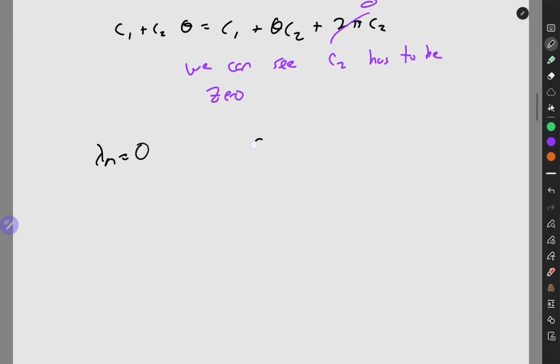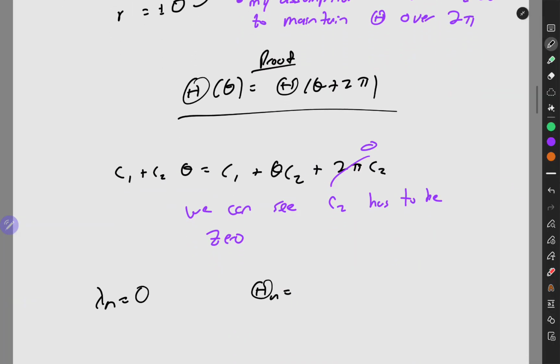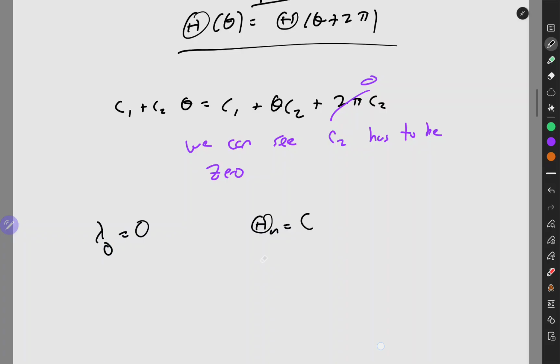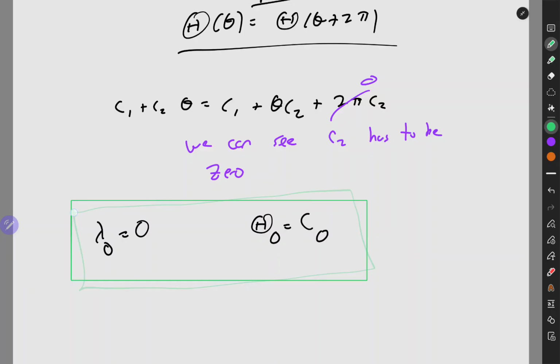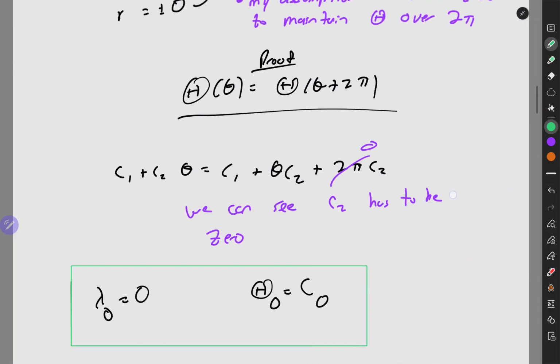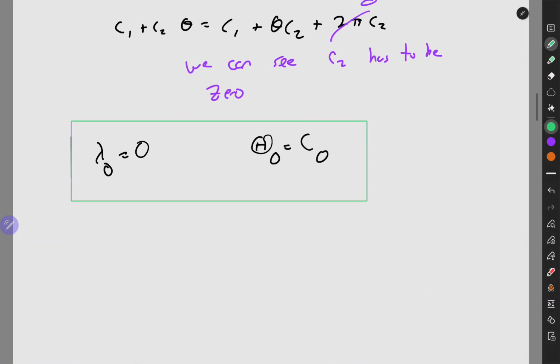Our theta n is equal to C1, which is for 0, right? So this is 0, 0. This is for n equals 0. All right, so we have our two solutions so far.